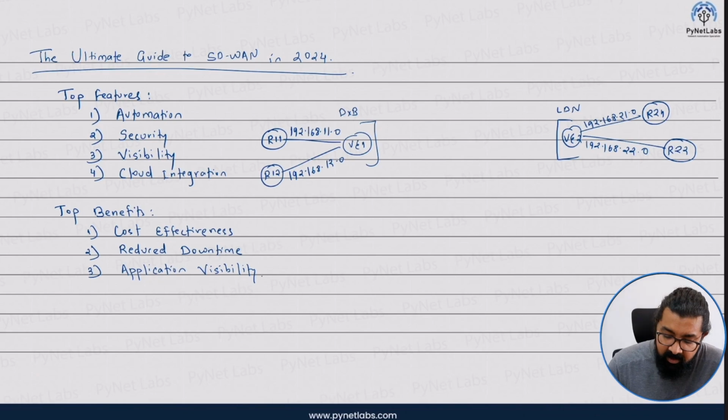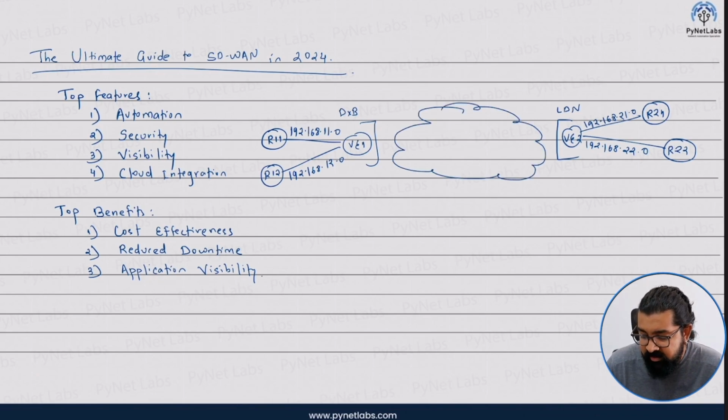So let's say I go to an ISP, and that ISP provides me the connectivity to connect both of these sites. The ISP has its provider edge devices. Let's say this is your provider edge 1, and that is your provider edge 2.